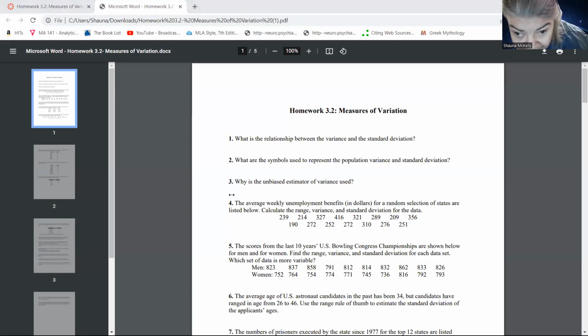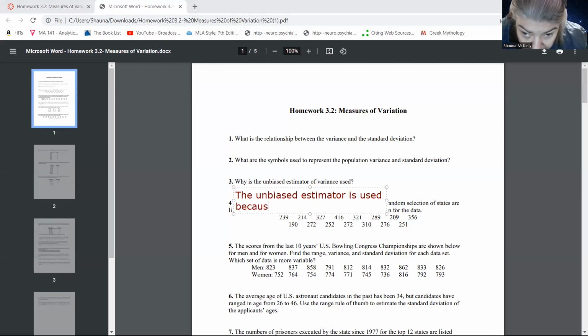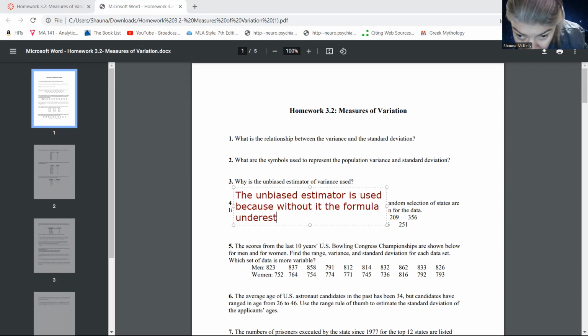I would say the unbiased estimator is used because without it, the formula underestimates, makes it too small, underestimates the value of the variance.